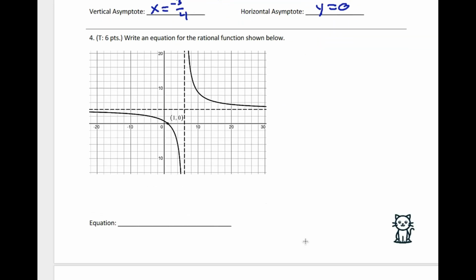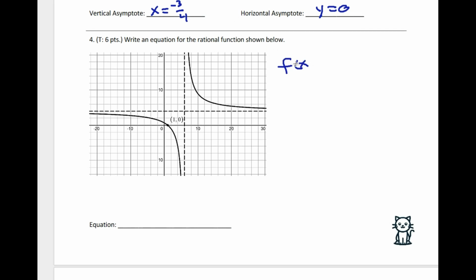All right. We want to write an equation for the rational function given below. So this one has a non-zero horizontal asymptote, and we're going to use this pattern. F of x equals a times x minus p, all divided by x minus q. In this case, a is the horizontal asymptote, which looks like it's at 4.